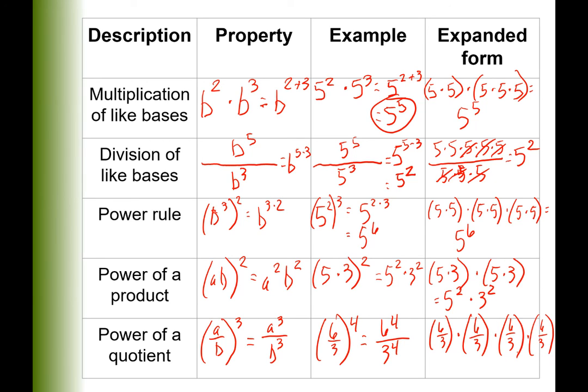Because we have 4 sets of 6 over 3, that gives us 1, 2, 3, 4 sixes and 4 threes.